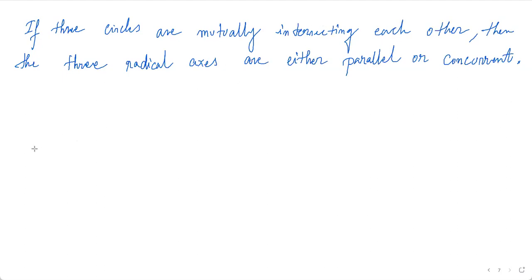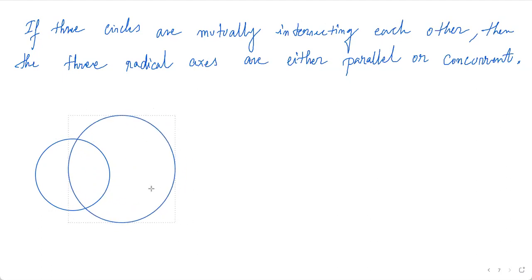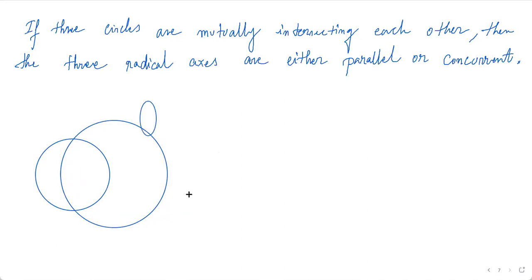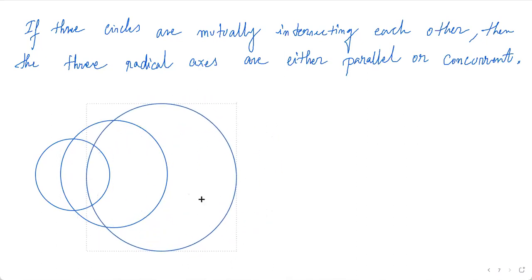So let me show you. The situation is something like this. You have the three circles. The first circle and the second circle make this radical axis. The second and the third make this one, and the first and the third make this one. So in this case, they are parallel. We haven't proved it yet, but I'm showing you the two situations.